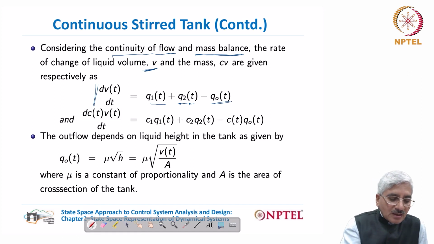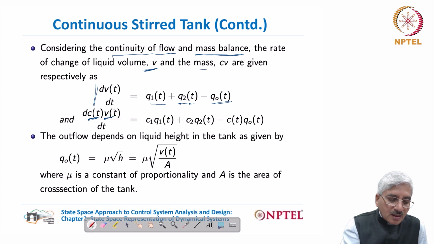Now the mass of substance in the solution will be C times V. C is the concentration and V is the volume. So C into V is the mass. So we again consider the conservation of mass, or the mass balance.